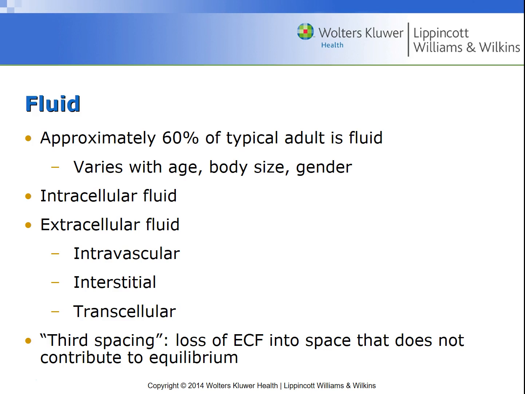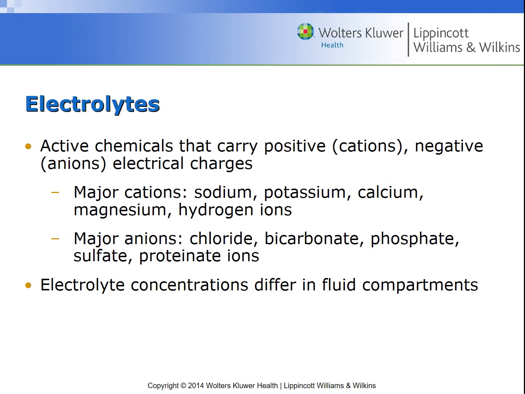Their skin is very taut, very swollen looking, and they tend to weep. Basically, there's no place for the fluid to go, and it just starts to leak. That extracellular fluid in the third spacing is in the skin. So again, it has nowhere else to go, and basically you just become swollen.